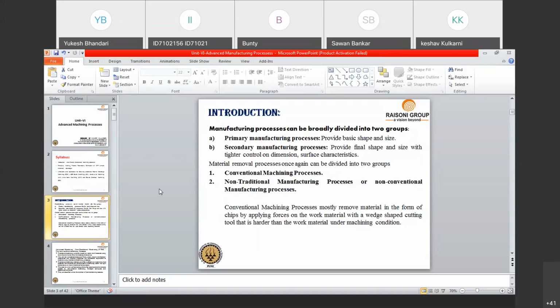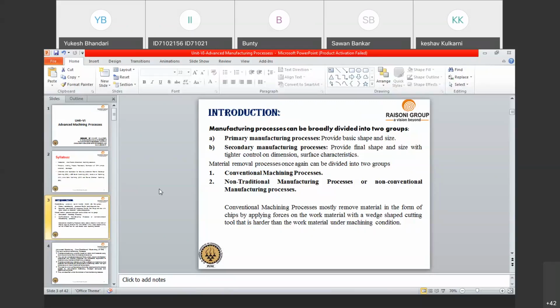Then again, if you talk about how we do the material removal process, it can be divided into two groups. One is conventional machining processes, second one is non-traditional or non-conventional manufacturing processes.